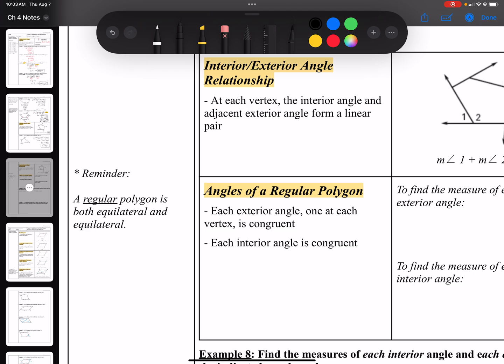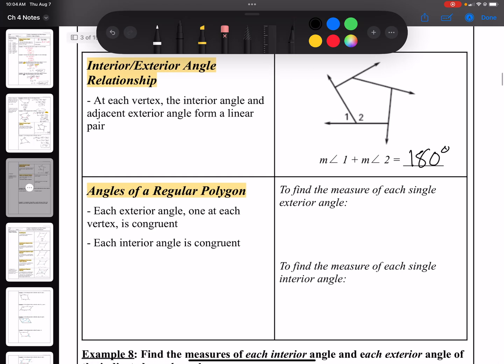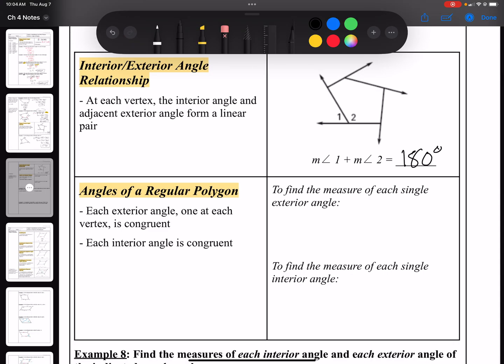A quick reminder, a regular polygon is both equilateral and equiangular, meaning every single angle on the inside will be equal and every single angle on the exterior will be equal as well. So, to find the measure of each single exterior angle, if you know this is a regular polygon, how can I figure out how many degrees is each angle on the exterior?